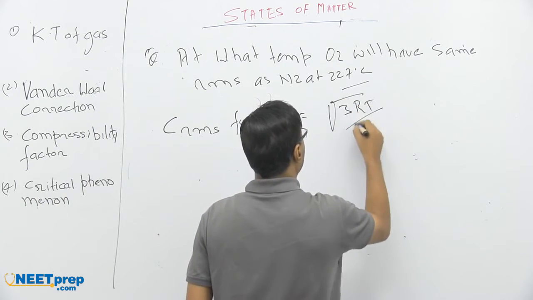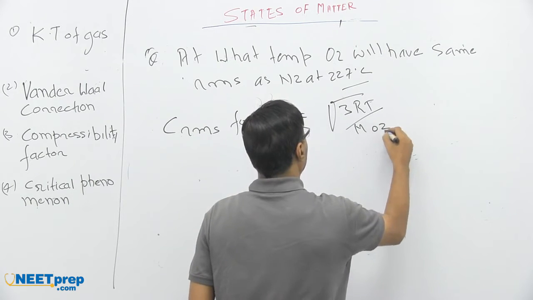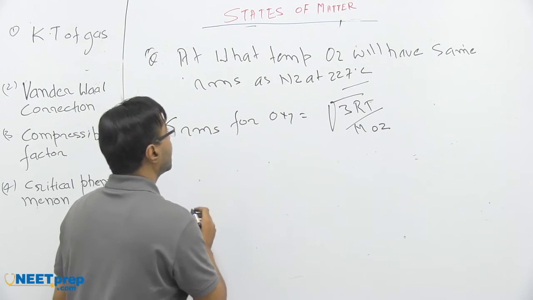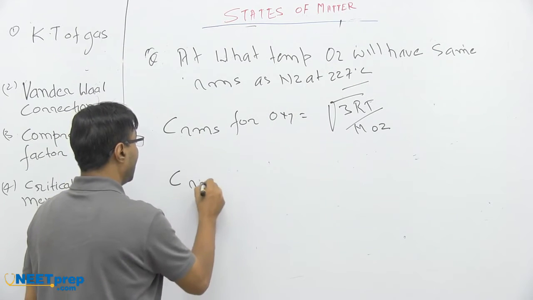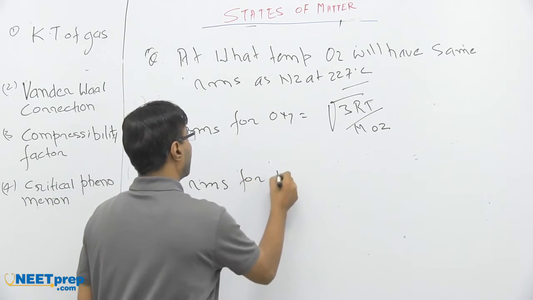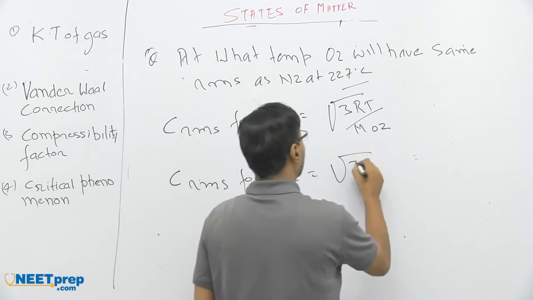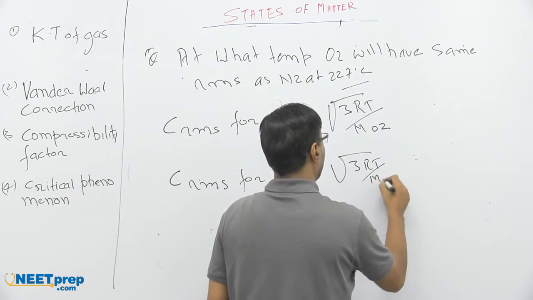What is the formula? Under root 3RT by M O2. And what is the RMS velocity for nitrogen? C RMS for nitrogen is equal to under root 3RT by M N2.